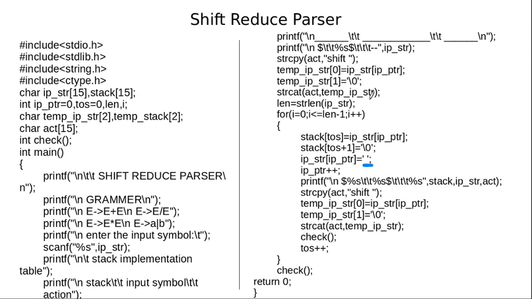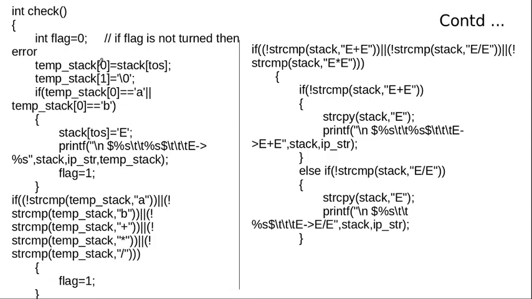Okay. So now when I am doing the first shift operation, I want to check whether that shift is possible or not, or whether that reduce is possible or not. For that purpose I am writing one function, that is the check function. Here I am using one flag variable. The flag variable is initialized with 0.